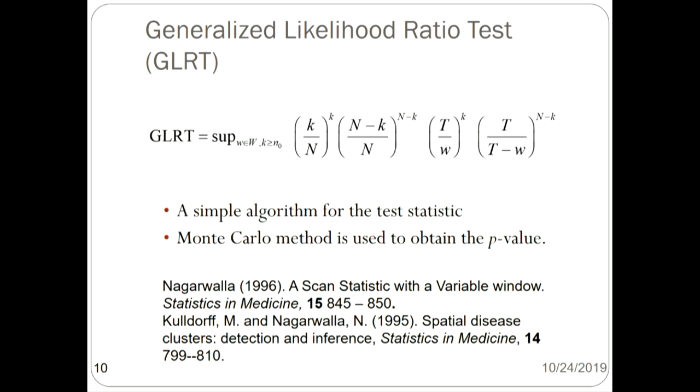The other is for the two-dimensional case. They are very similar test statistics based on the generalized likelihood ratio test. And again, there's no distribution available for the generalized likelihood ratio test statistic, so the p-value is also evaluated based on the simulation approach.